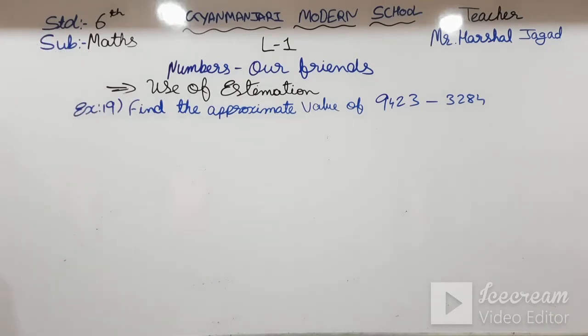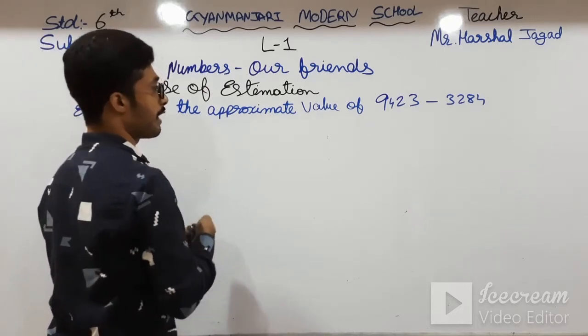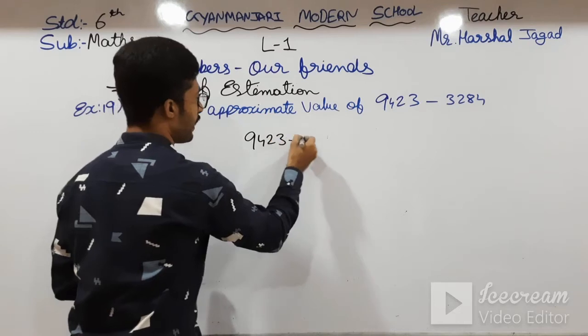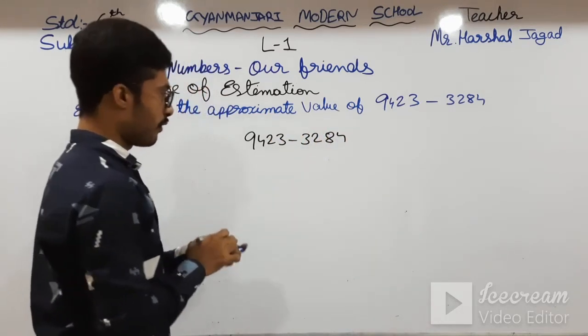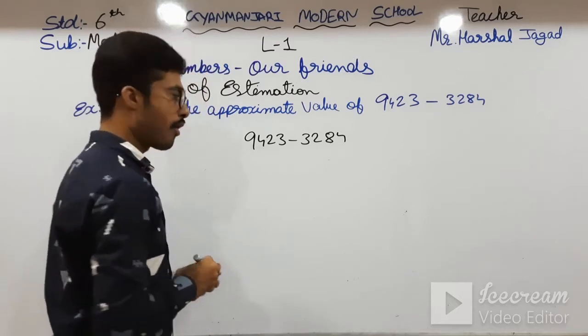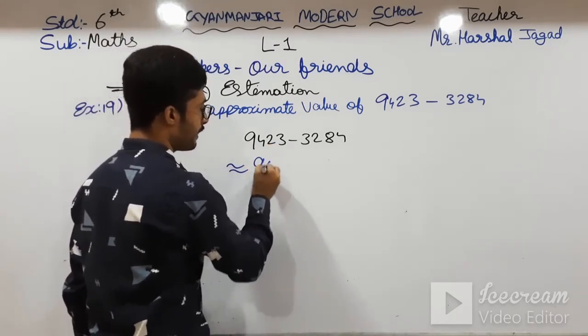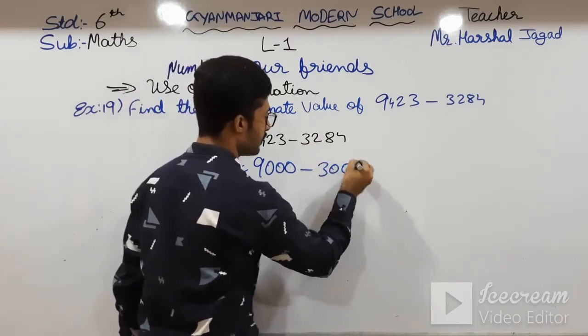We have to first round off all of this. We round off: 9,000 minus 3,000.